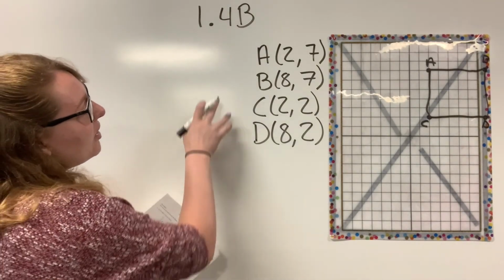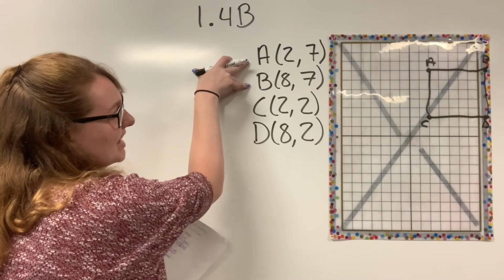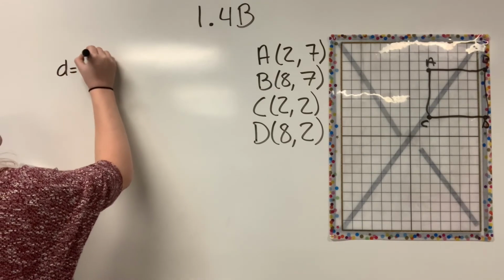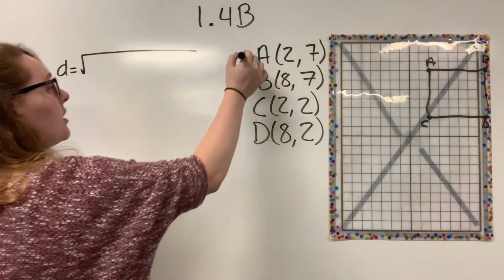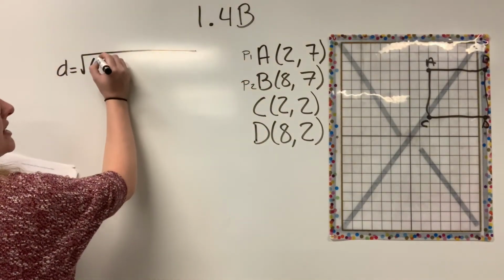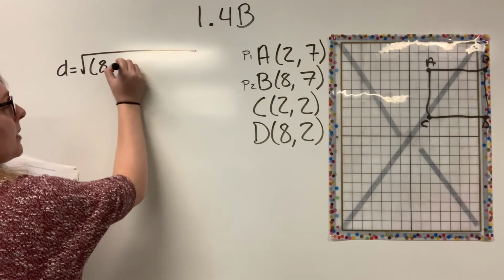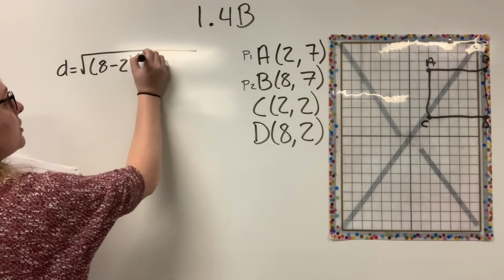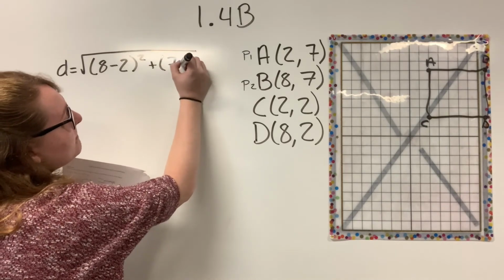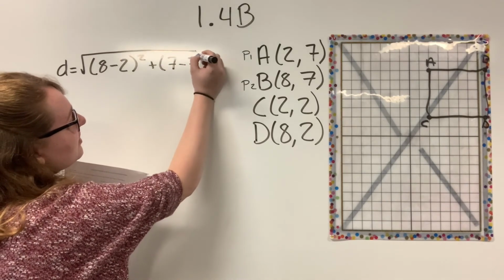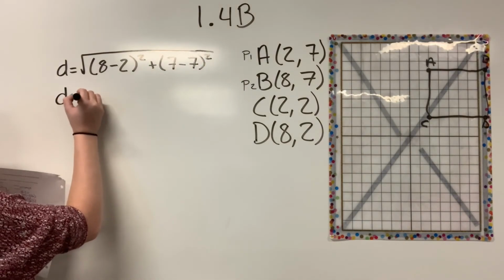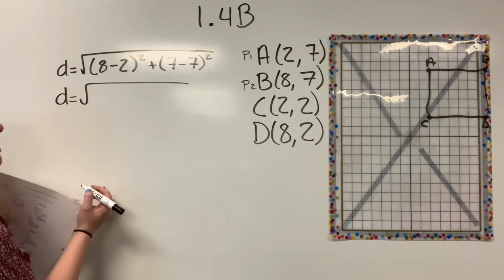So let's find out how long is A to B, okay? So remember our distance formula is D is equal to a big old square root. I'll make A point 1, B point 2. It is x2, which is 8, minus x1, which is 2, squared, plus y2, which is 7, minus y1, which is 7, squared. Okay? So we can keep our D is equal to our big old square root.